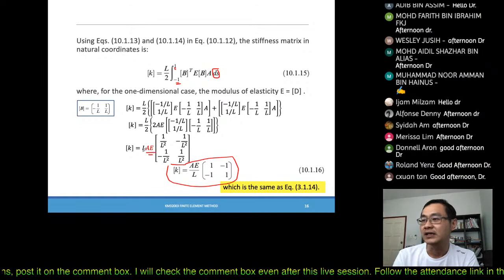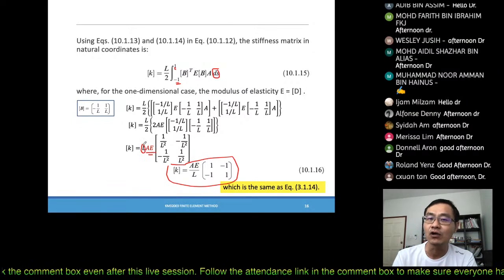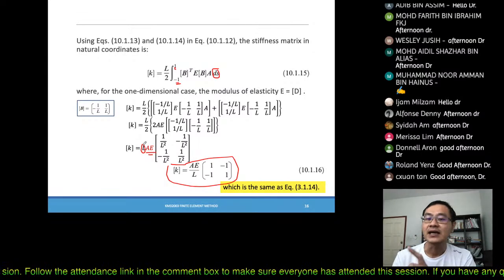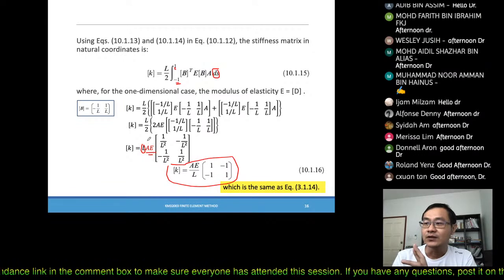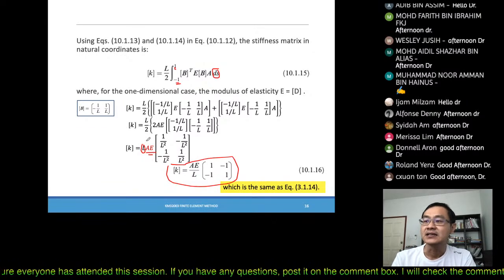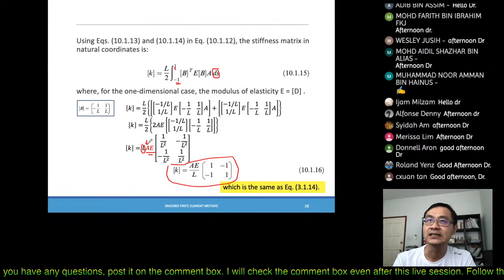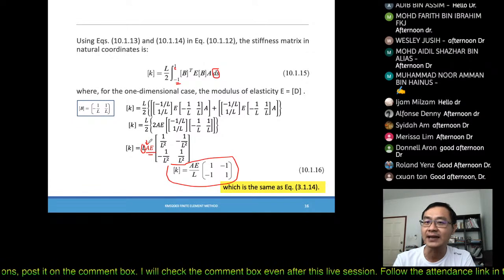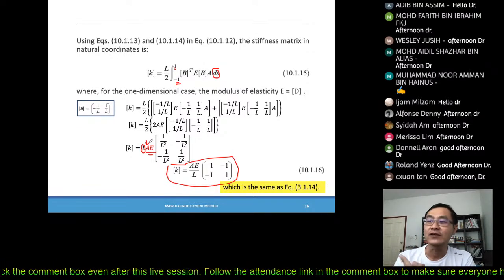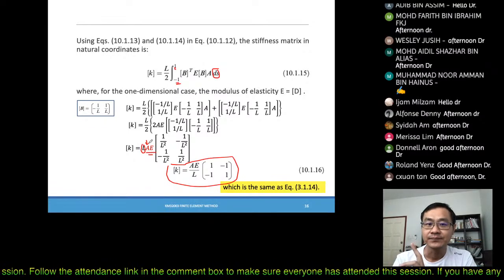So the L itself, the software can tell how long the element is. But then what we need to insert as a user is the area. In order for the program to run using the prismatic bar elements, we have to insert the cross-sectional area of the bar itself.